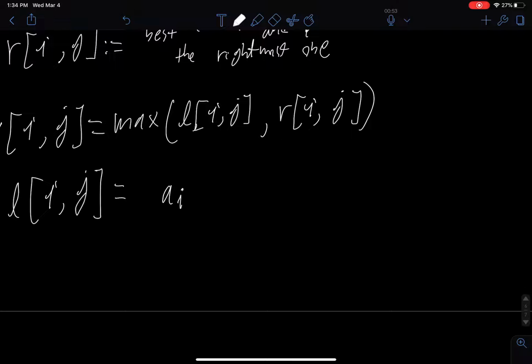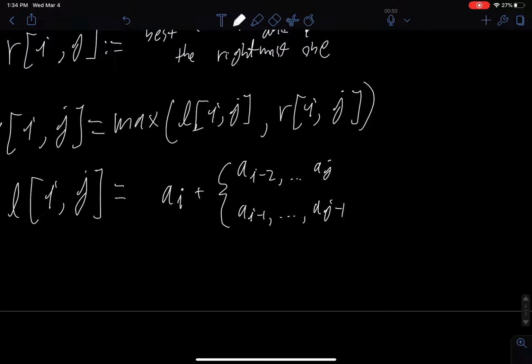Now, what's the next set of cards that we're going to see? Well, the next set of cards that we're going to see is going to be either a sub i plus 2 through a sub j, or a sub i plus 1 through a sub j minus 1. And this depends on which card our opponent, Ning, chooses.